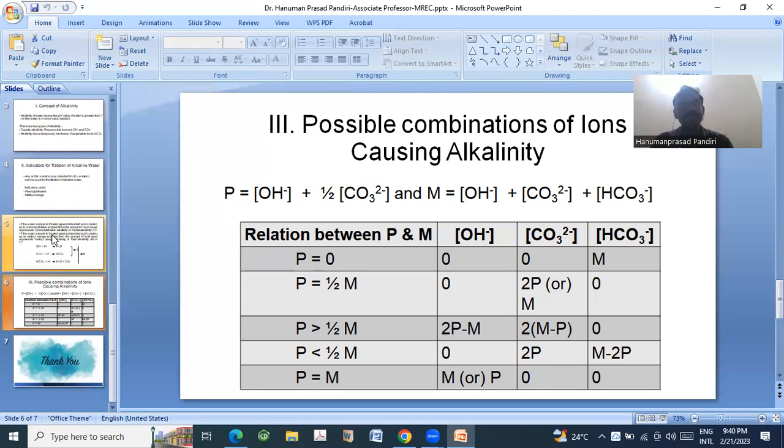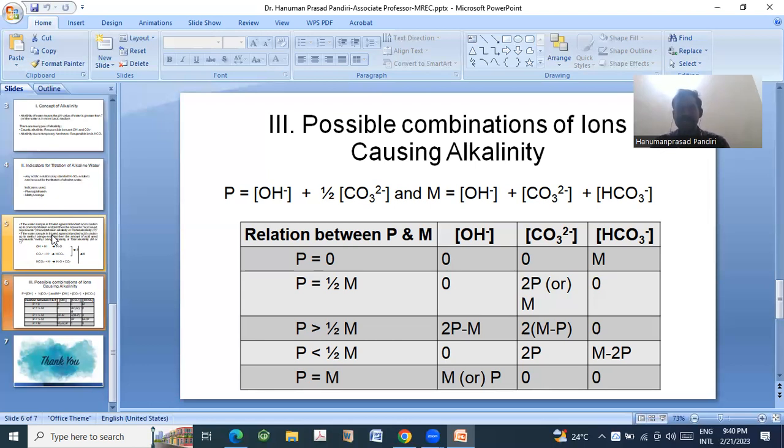And the titration of alkaline water sample can be done using standard acid solution, let's say standard sulfuric acid solution, by using phenolphthalein indicator to get partial alkalinity or phenolphthalein alkalinity, where OH minus will be titrated completely and CO3 2 minus can be titrated only to half extent. So P is formulated as OH minus concentration plus half of CO3 2 minus concentration.